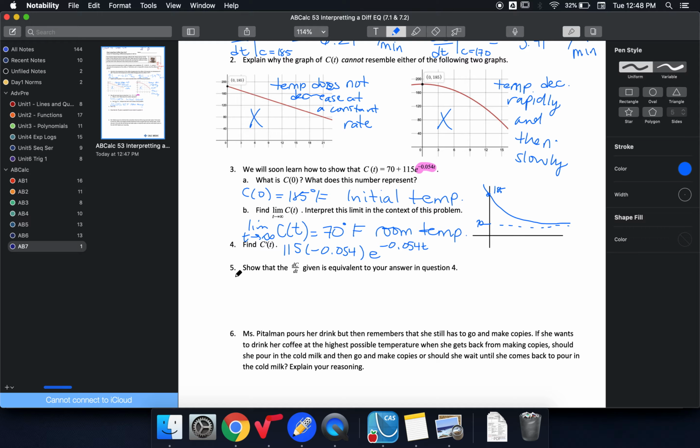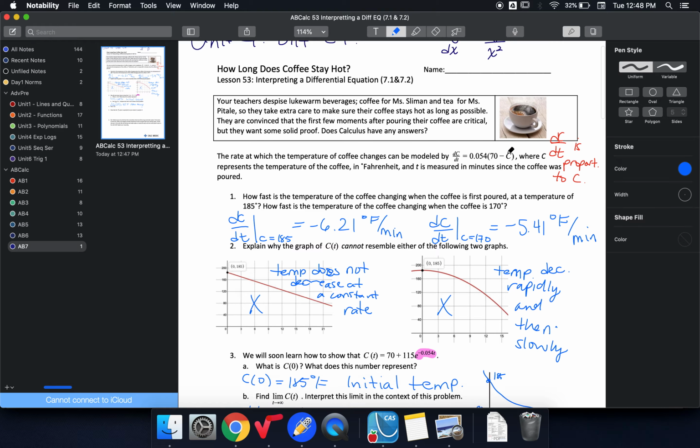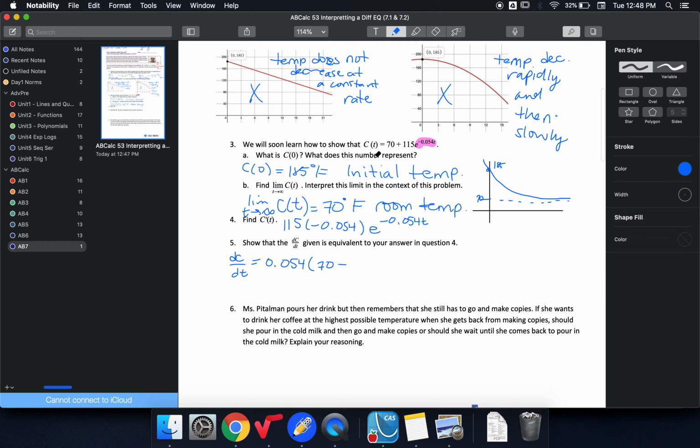Well, my given dC/dt was 0.054 times 70 minus C. Yep. But now my C is this. So subtracting 70 plus 115 e to the negative 0.054t. Well, 70 minus 70 cancels.